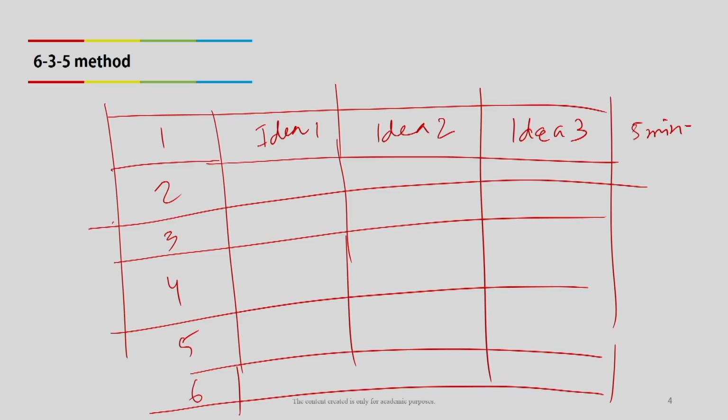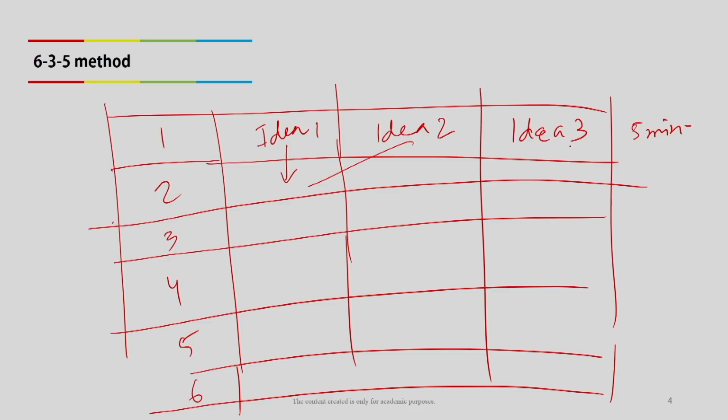Quickly, it may work, it may not work, but you have to generate ideas. Basically you are forcing your mind to think beyond the usual thinking procedure. In this, the second person can build their idea on top of idea 1 or idea 2. So, it is allowed also. After 30 minutes you will have 18 ideas.